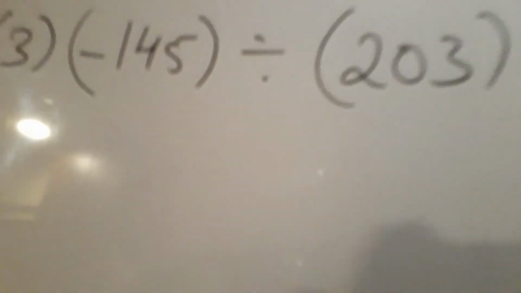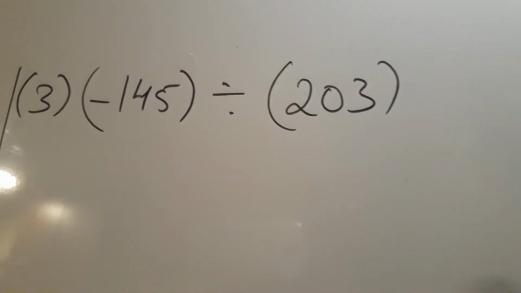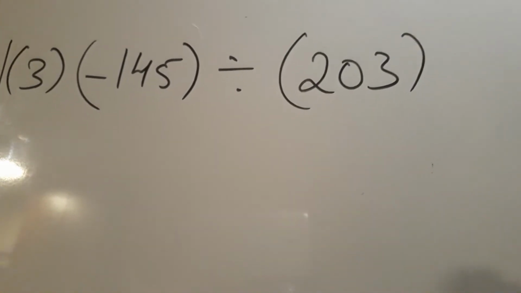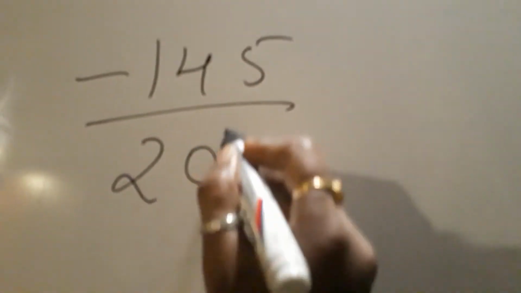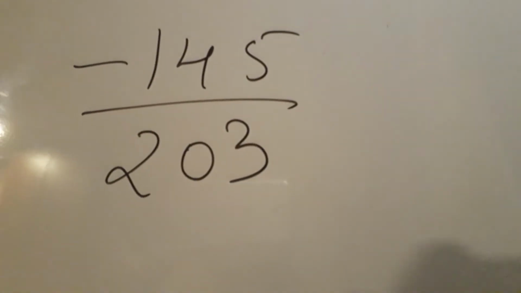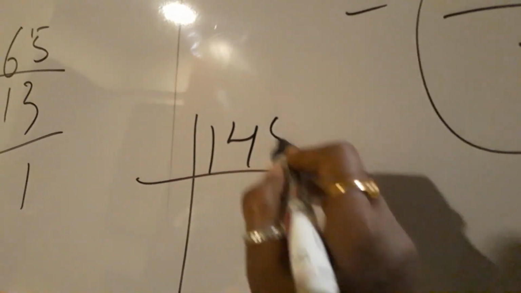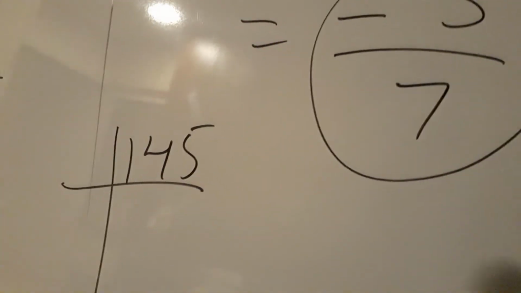Third and the last sum for today, minus 145 divided by 203. Write it in the fractional form, minus 145 upon 203. Same way we can use the prime factor method. 145. So which table? Check it out.